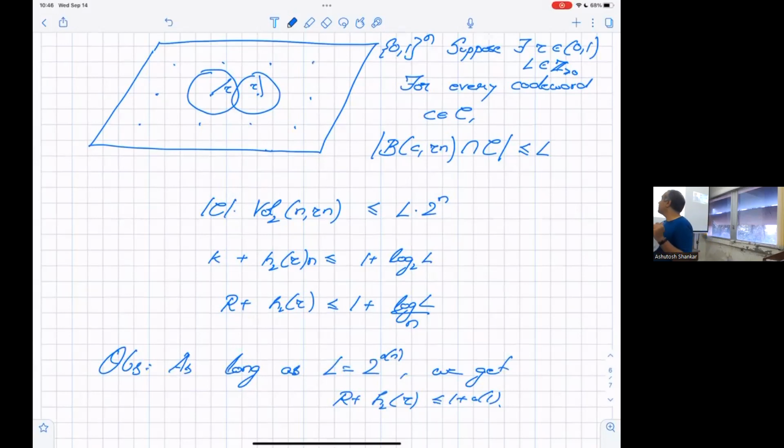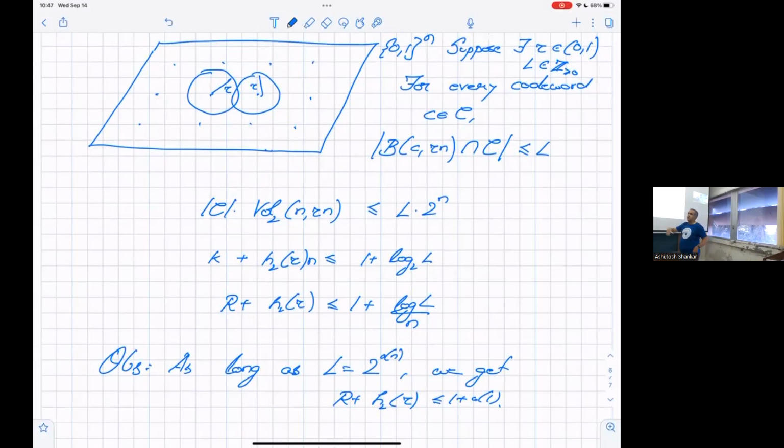What's the property of the pair? The pair is such that if you draw a ball of radius tau around any codeword and look at the number of codewords in that ball, that should be at most L.